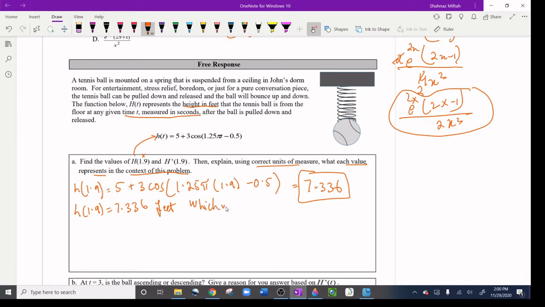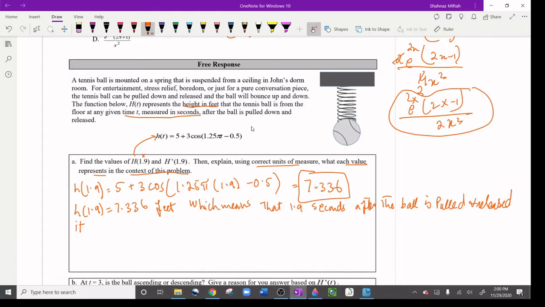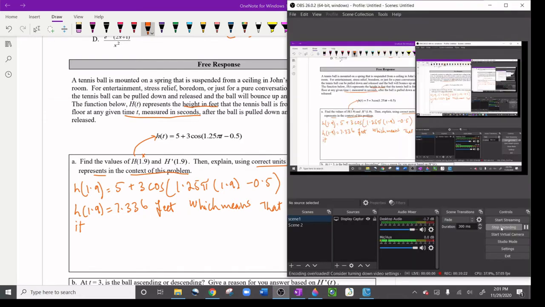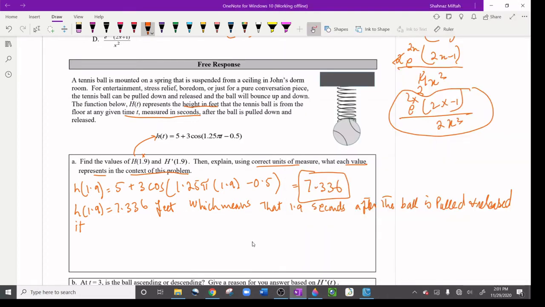Which means, because they said context of the problem, that 1.9 seconds after the ball is pulled and released, it will be at a height of 7.336 feet above the floor.